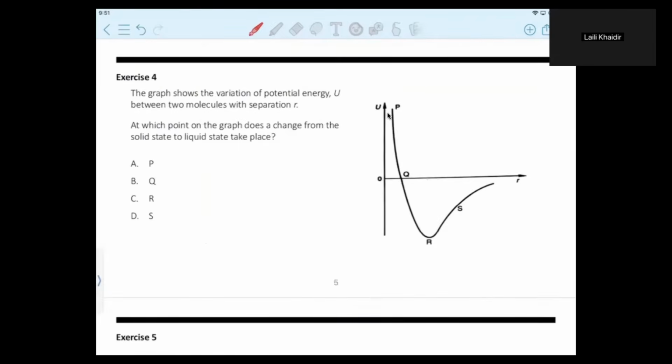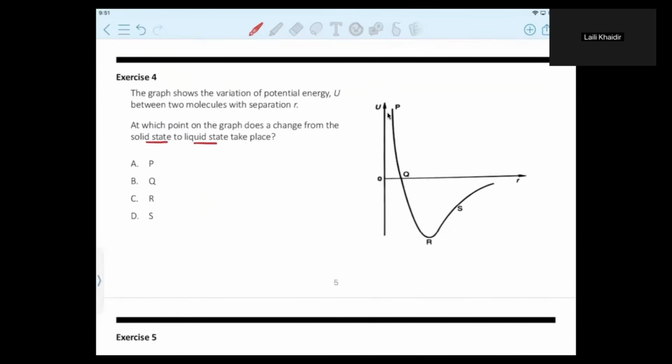Question 4. Again, the graph of potential energy between two molecules with separation R. At which point on the graph does a change from the solid state to liquid state take place? So a state is changing from solid to liquid.